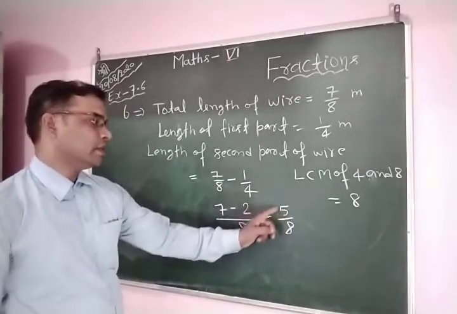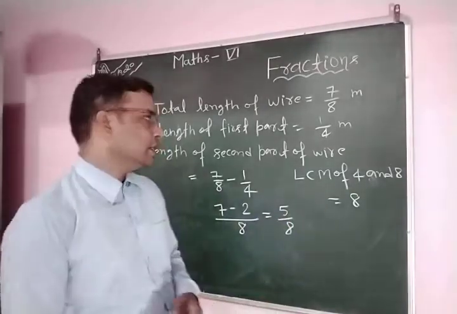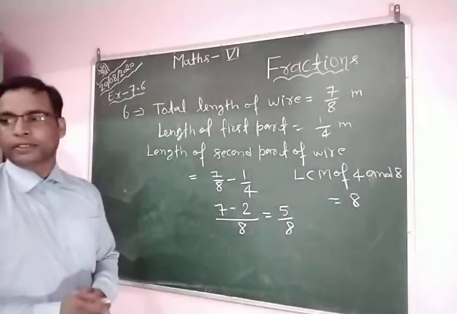So our fraction is 5 by 8. This is the length of the second part of the wire.